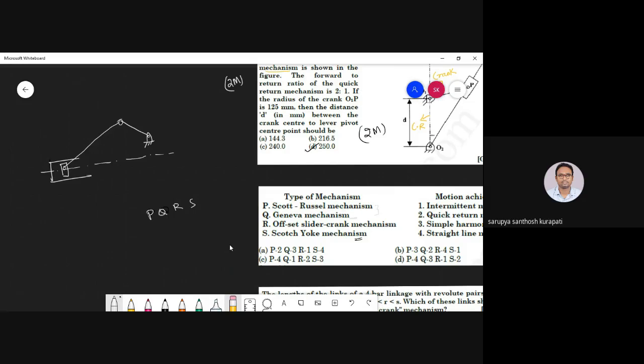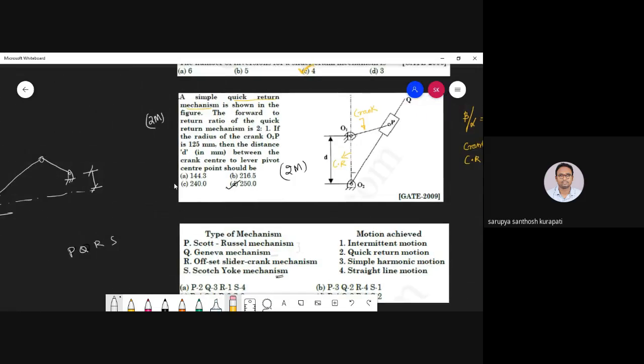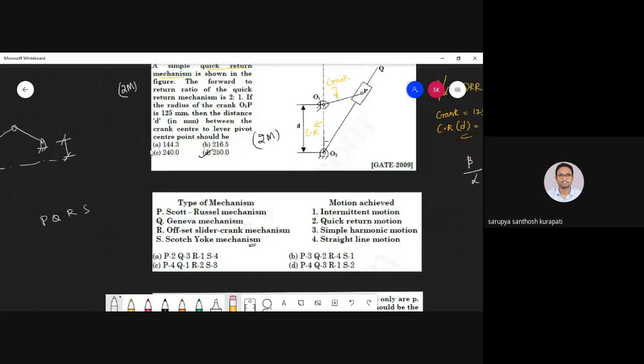So this distance is nothing but your offset. When I place this, you are going to get the quick return motion mechanism. That is the inversion of the slider crank mechanism. Yes or no?